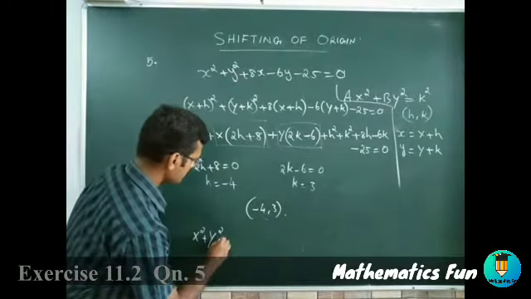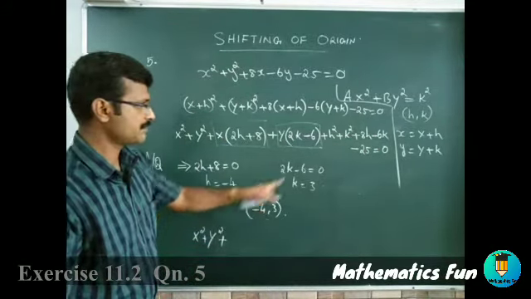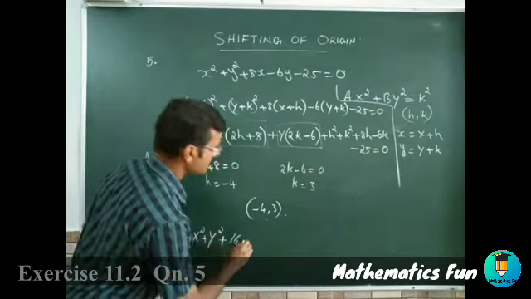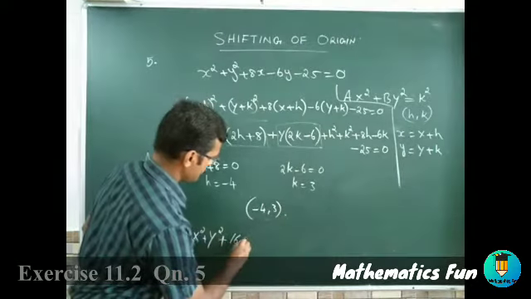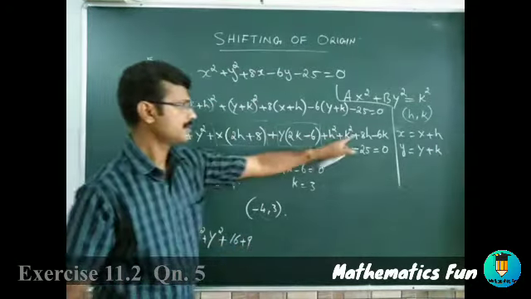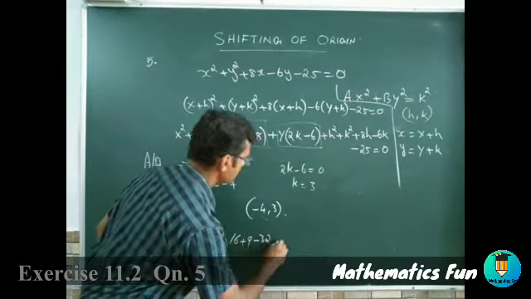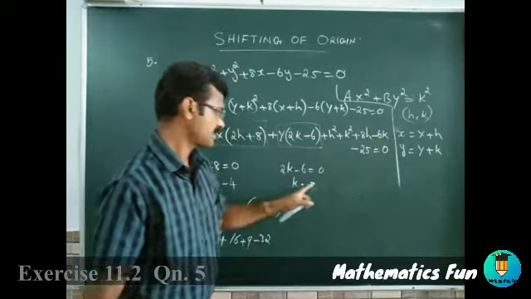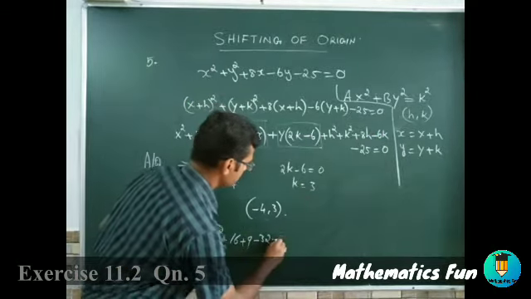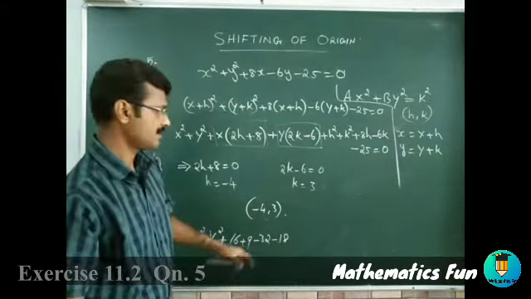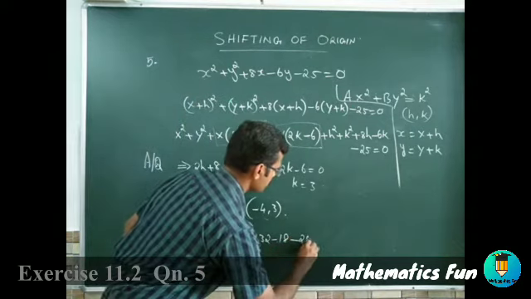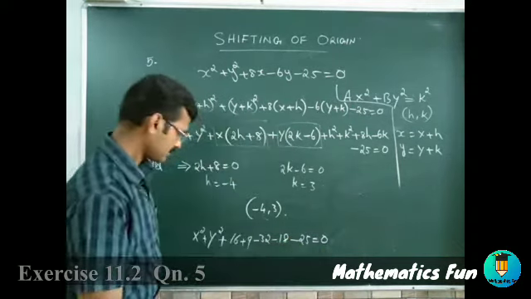Plus h square means 16. k square means 9. 8h means minus 32. Minus 6k means 6 into minus 3, that is minus 18. Then minus 25 is equal to 0.